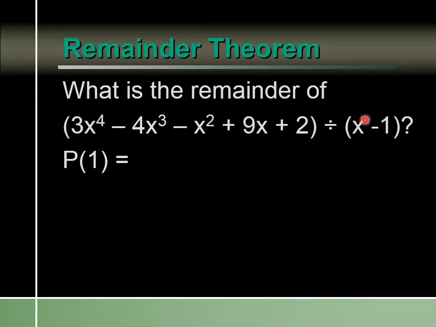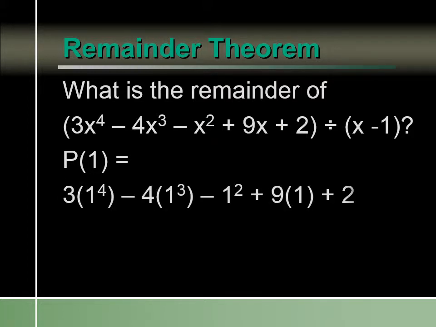Since we have x minus 1, our a is 1. If that was x plus 1, our a would be negative 1. Okay, just want to make sure that you're understanding that. So we're going to plug 1 into this equation. We get 3 times 1 to the 4th minus 4 times 1 to the 3rd minus 1 squared plus 9 times 1 plus 2. And we end up with the answer 9.